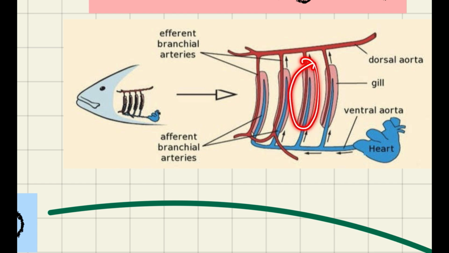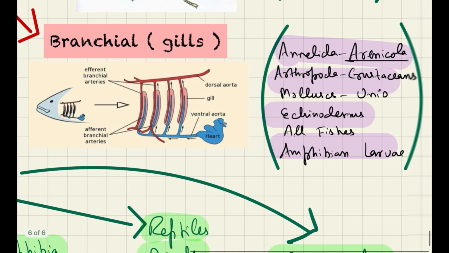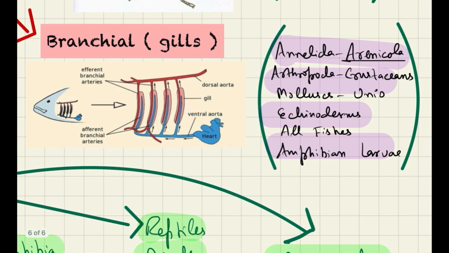So the gill is the basic structure from which dissolved oxygen is taken into these efferent branchial arteries, and the carbon dioxide is released through these afferent branchial arteries. And we can see that it is found in all the fishes, but it is also found in annelida.